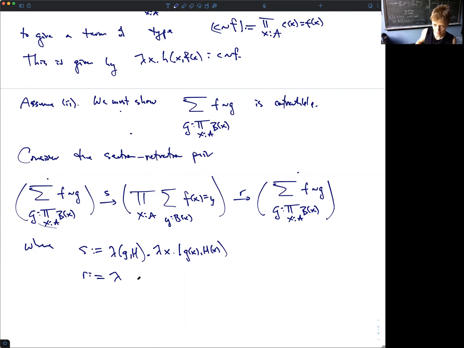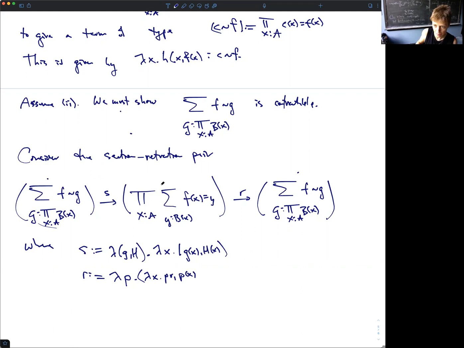And the map R: I'm going to let P be the name of a term of this dependent function type. Now I'd like to inhabit this sigma type, so I'll inhabit it via a pair. The bottom term in the pair is a term of this dependent function type, so I need a lambda x, and then I'm just going to take the first component of P of x.